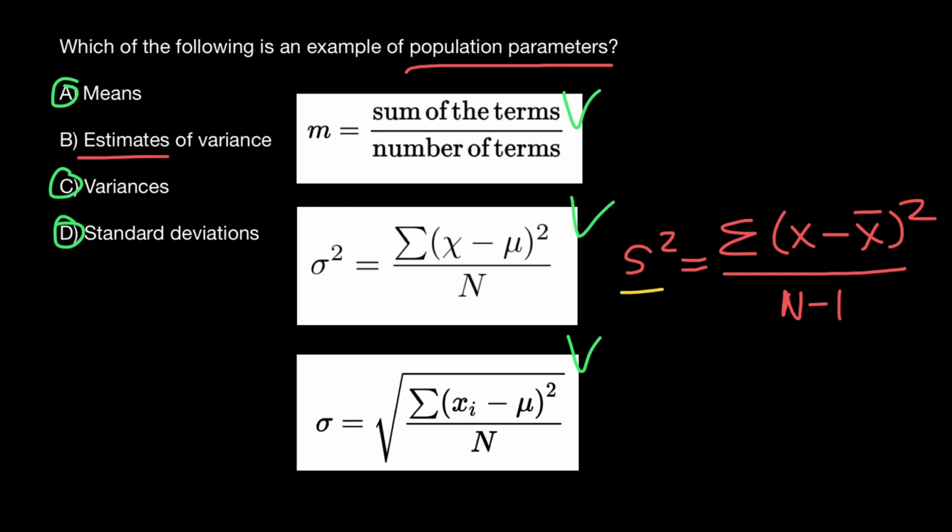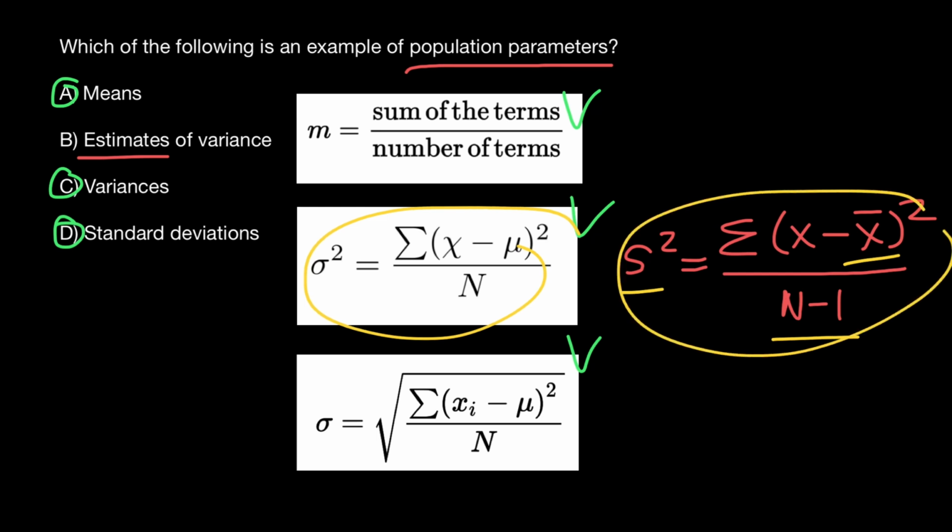And instead of mu, which stands for the mean of the population, we have x bar, which is the mean of the x terms. And instead of n, which we have in the formula for the variance of the population, we have n minus 1. Many of you probably saw both of these formulas and wondered why sometimes we have sigma, sometimes s, sometimes n minus 1, sometimes mu, and sometimes x bar. And now you know the difference.